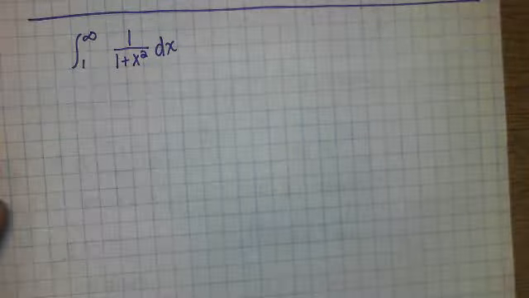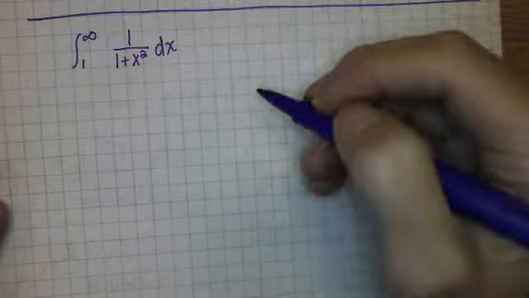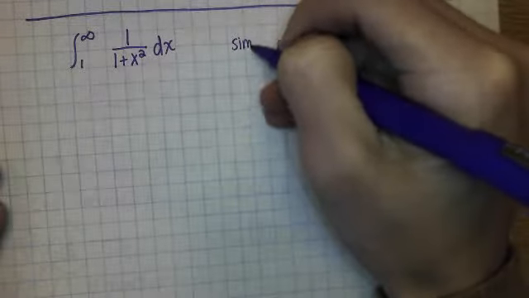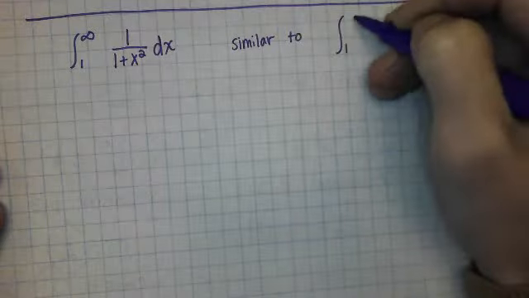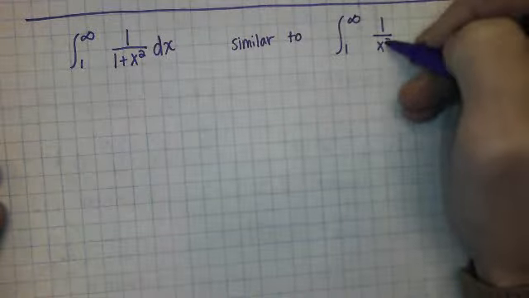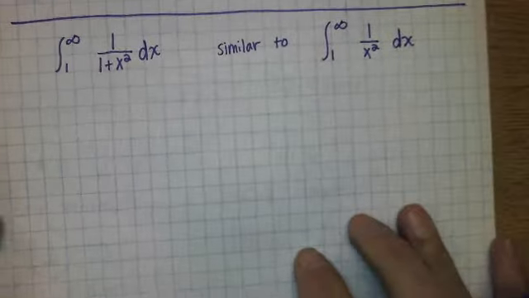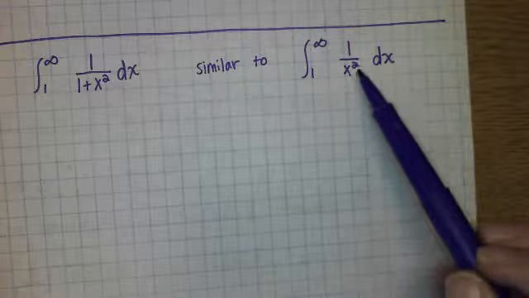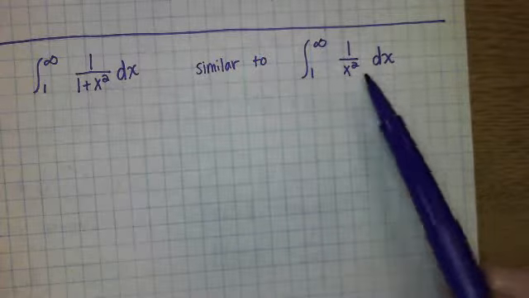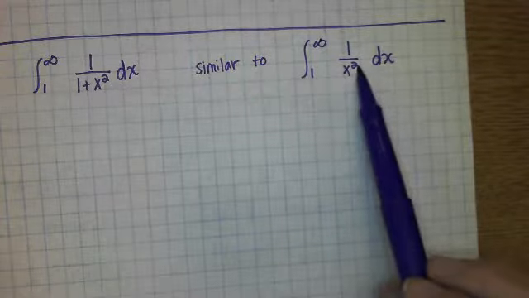We were looking at this curve earlier, right? This is very similar to the integral from 1 to infinity of 1 over x squared dx. So we know, according to our time saver, that this one is going to converge because the power is 2, which is higher than 1.